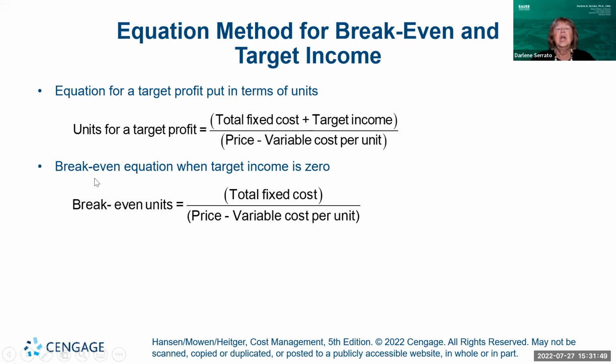Break even means this target profit is 0. So they're simply taking the target income off and saying it's fixed cost divided by the contribution margin per unit. I just remember that this is the formula for solving for units needed, and that target income is 0 at break even.